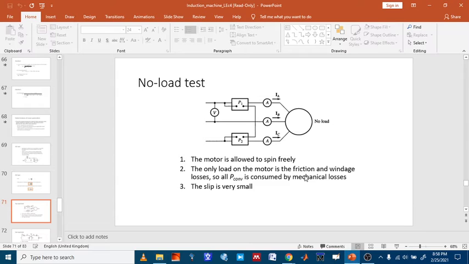Therefore, the P in will be equal to the P loss. Do you get it? The slip is very small because there's no load connected, so the difference between the synchronous speed and the motor speed will be very small.